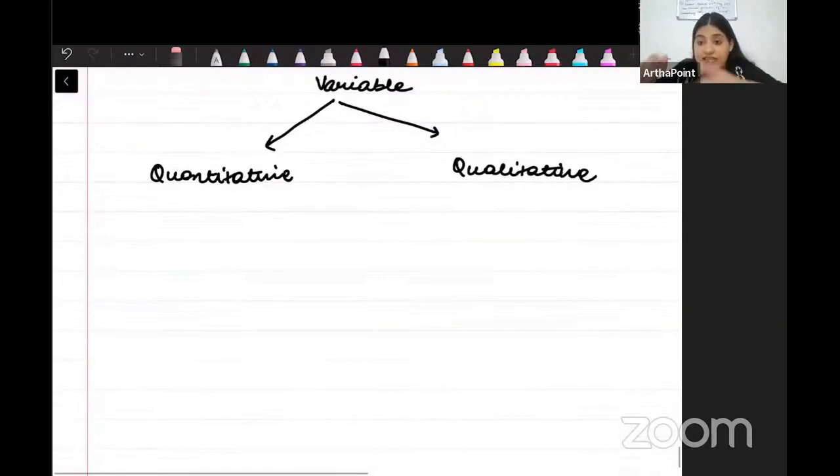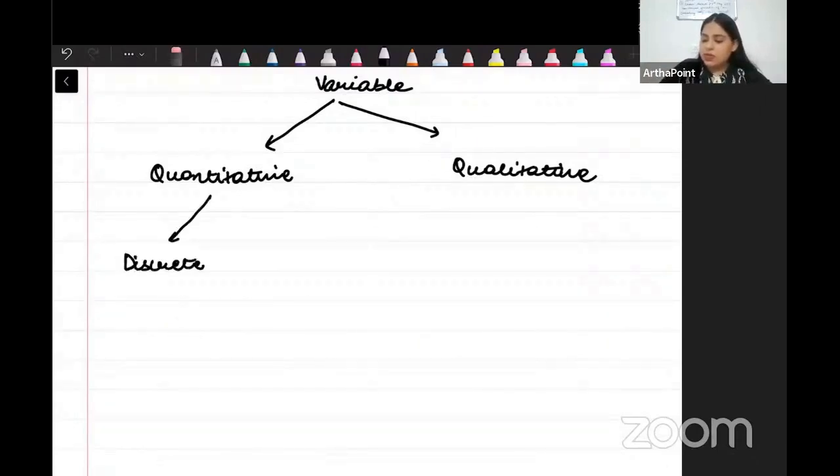Now I am saying that these numeric values can either be discrete or continuous.